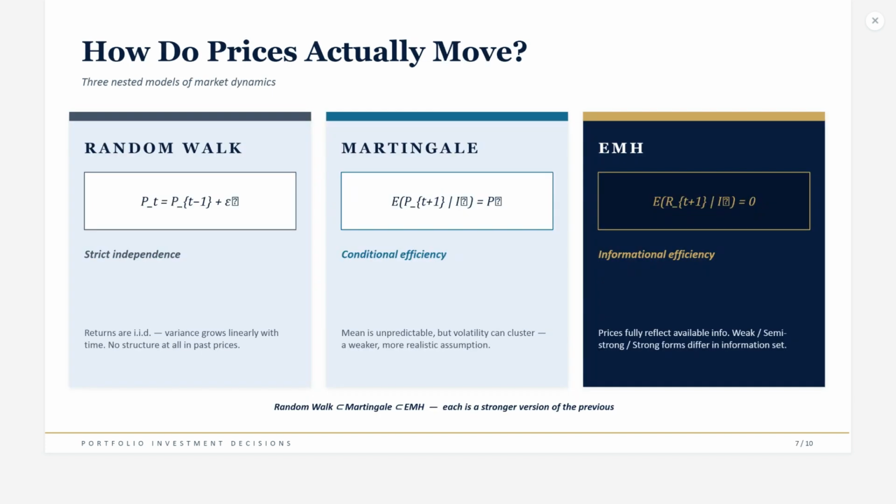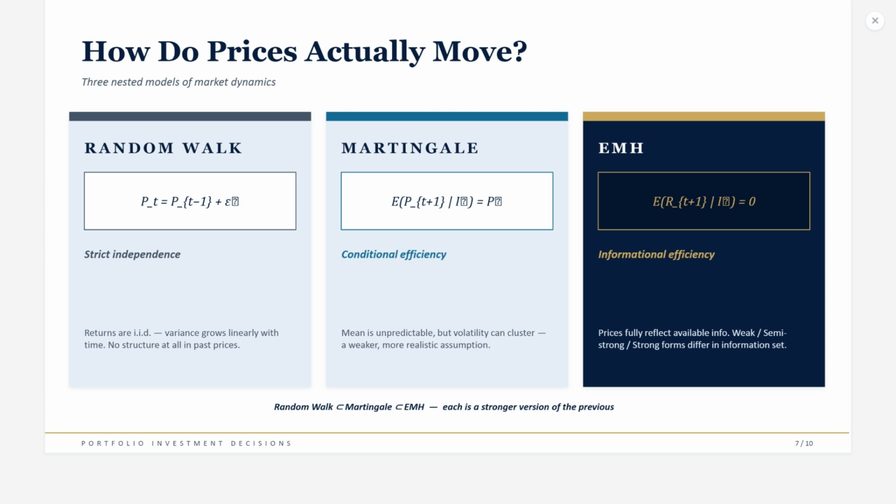But a critical question arises: how do prices actually move? Well, we can see three nested models of market dynamics. One is the random walk, which shows strict independence. You can see the equation here.